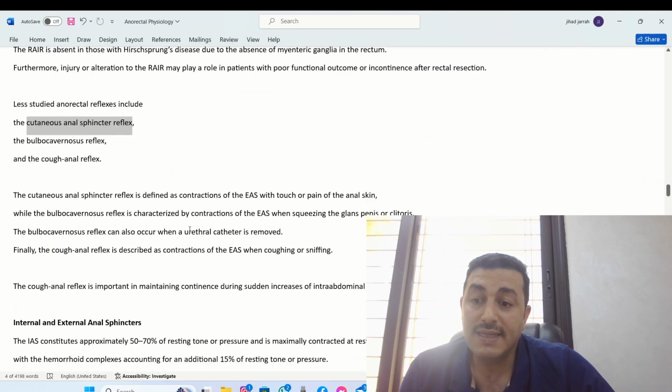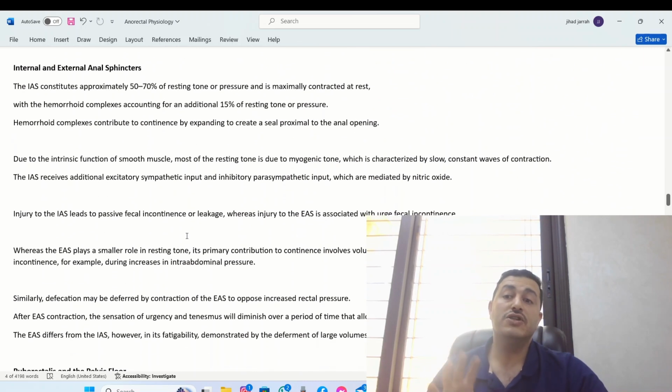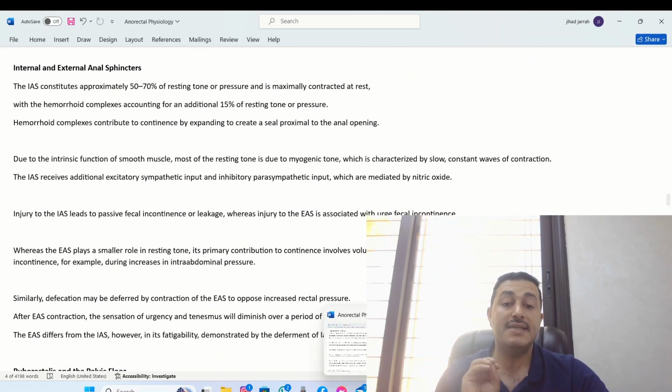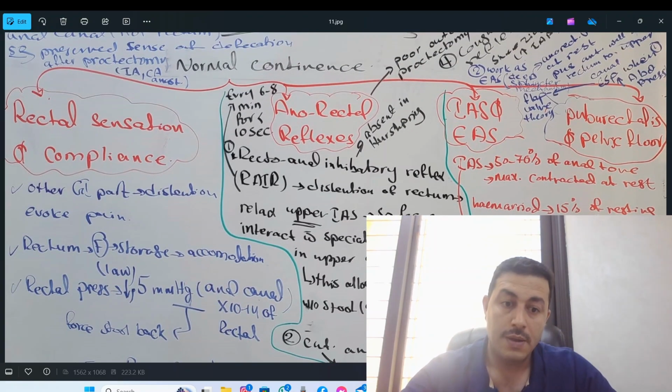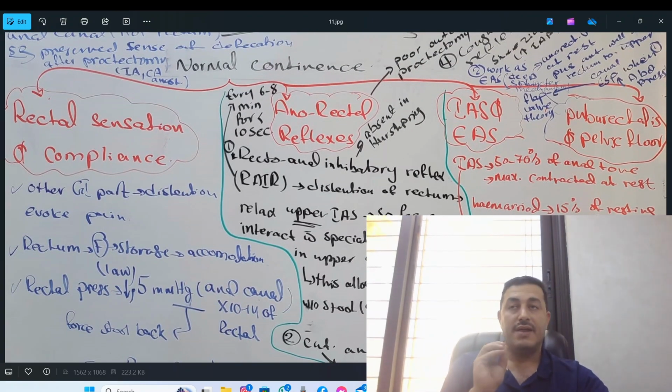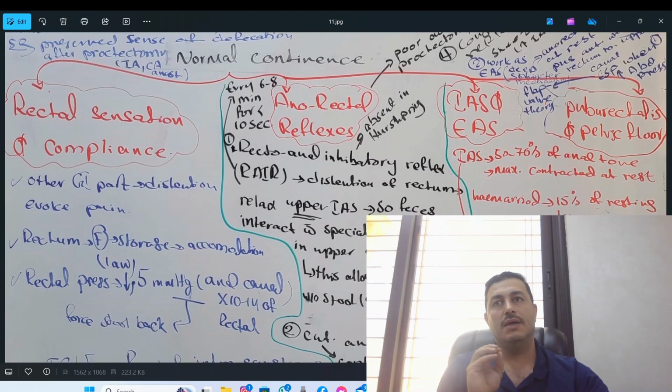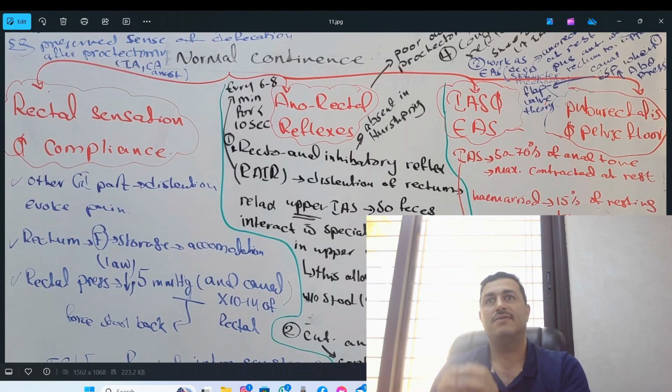Okay, let's move a little bit about the function of the internal and external anal sphincter. We said that anal tone is the responsibility of the internal anal sphincter.